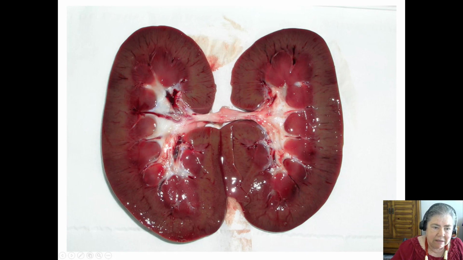The pyramids contain the vasa recta and the nephron, the collecting tubules, the tubule part of the nephron, while the glomerulus, which is part of the nephron, is sitting here in the cortex. And then as the papillae of the pyramids discharge their fluid, their urine, into the renal pelvis, from which it enters the ureter.